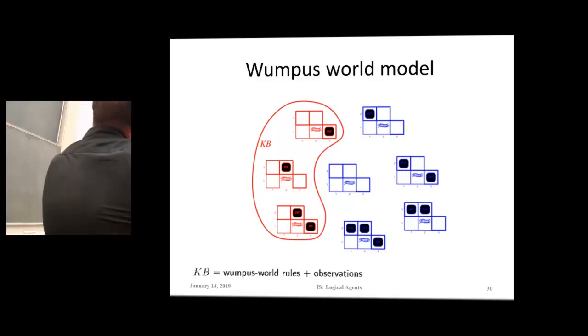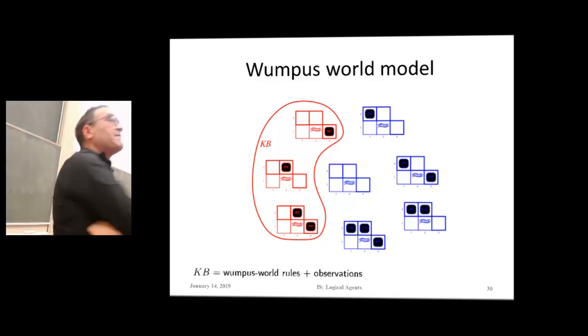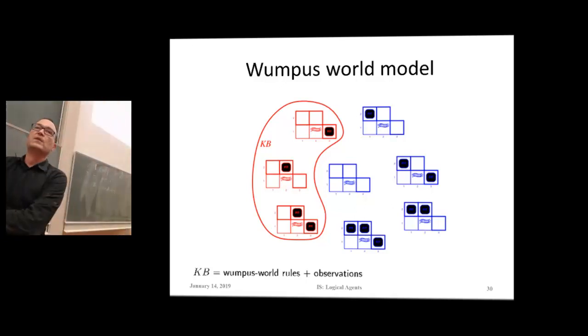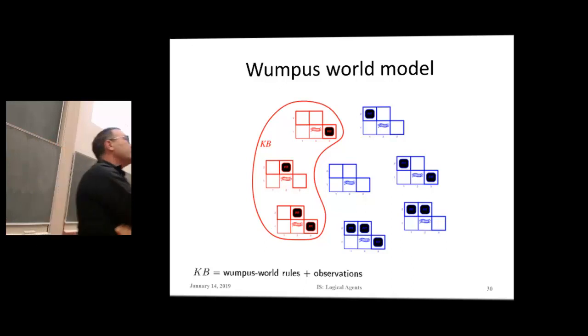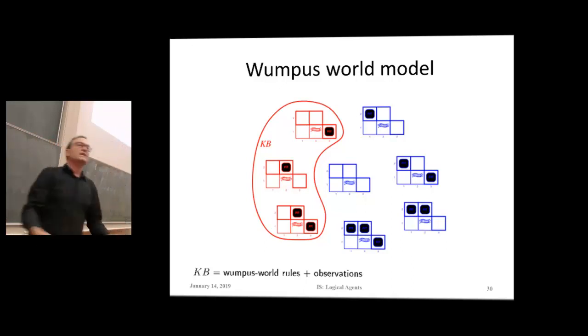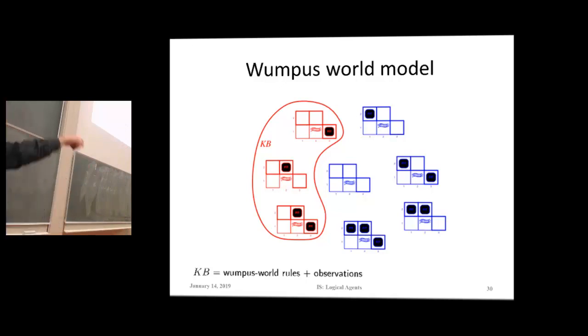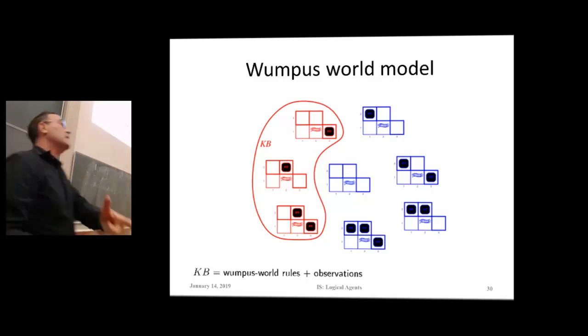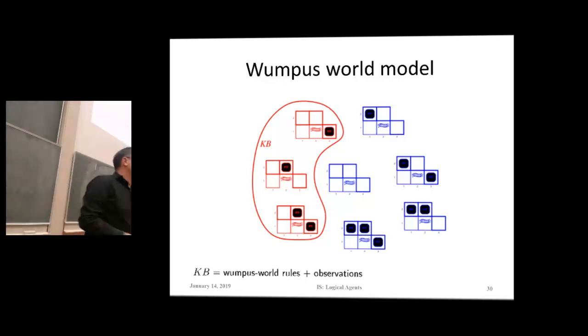So these 5 situations to the right violate one of the assumptions of the game that we have defined. Yeah, is that clear? So in all the interpretations of is there a pit in one of those 3 fields here, 5 of them are impossible if it's consistent with the rules of the game.